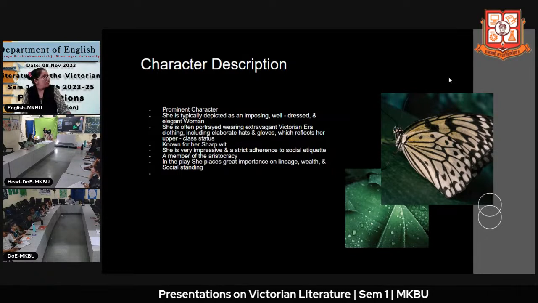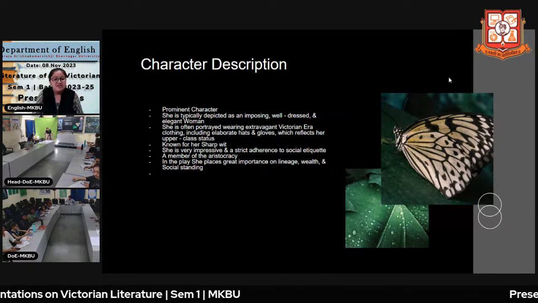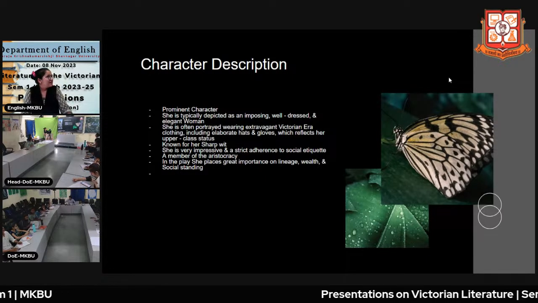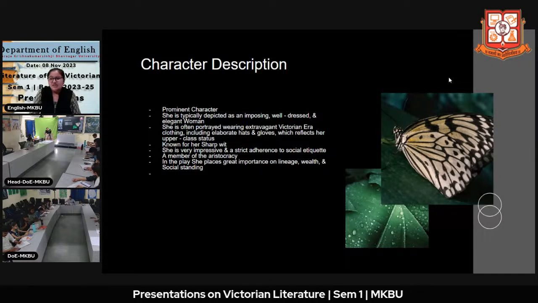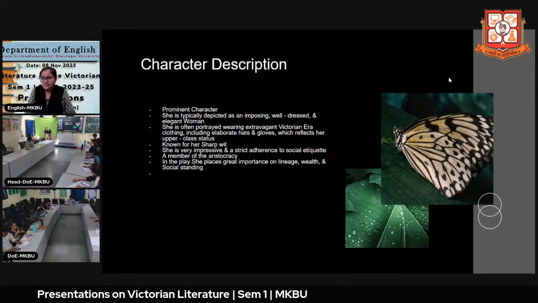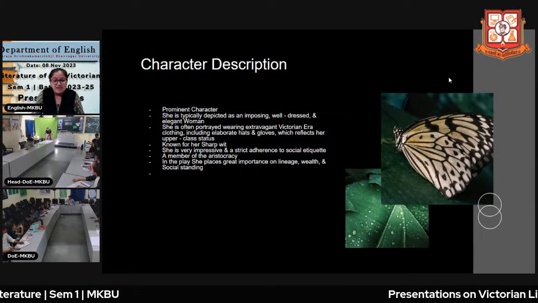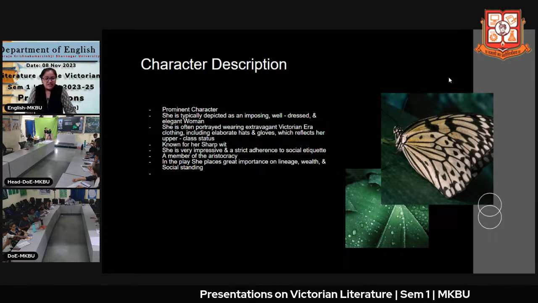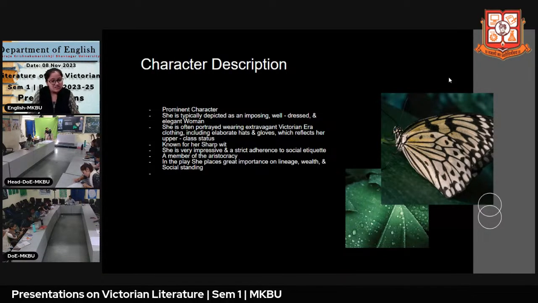She was one of the prominent characters in the play The Importance of Being Earnest, and she was typically depicted as an imposing, well-dressed and elegant woman who belongs to an aristocratic family. She is often portrayed wearing extravagant Victorian era clothing, including elaborate hats and gloves, which reflects her upper class status.